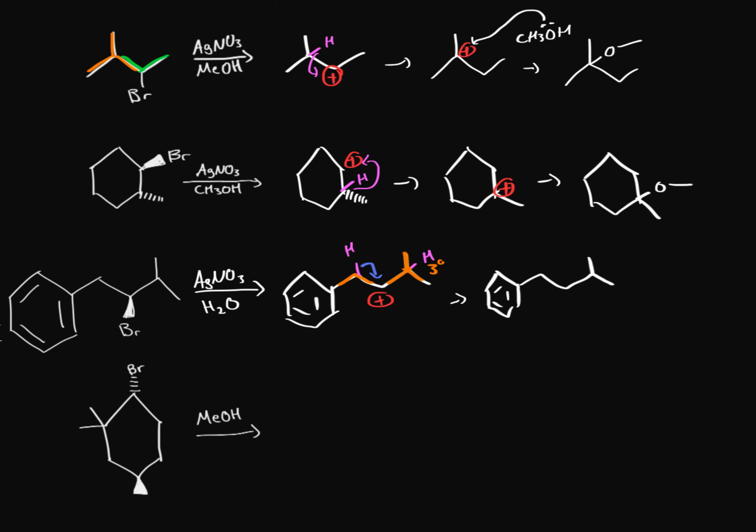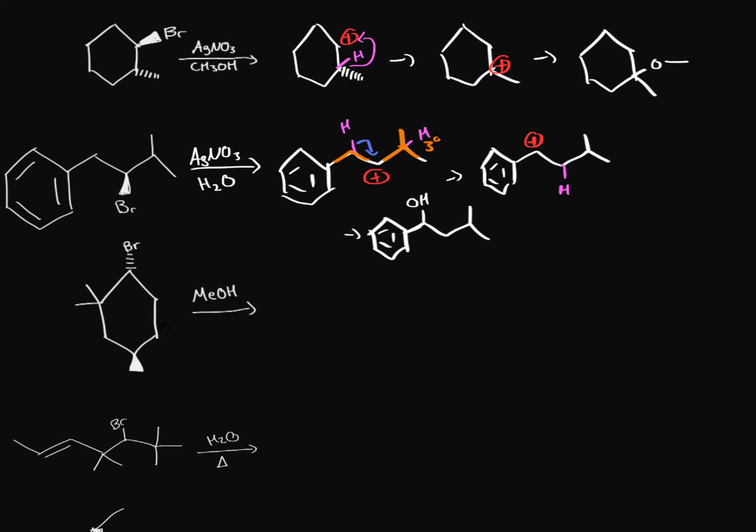Essentially, it's just resonance stabilization. And so we have our carbocation right here, and the new hydrogen has moved to this carbon. And so water will come and attack that, and so we'll get a benzene ring. We have our carbon that has our new water group, which lost a hydrogen, and we have this final product.